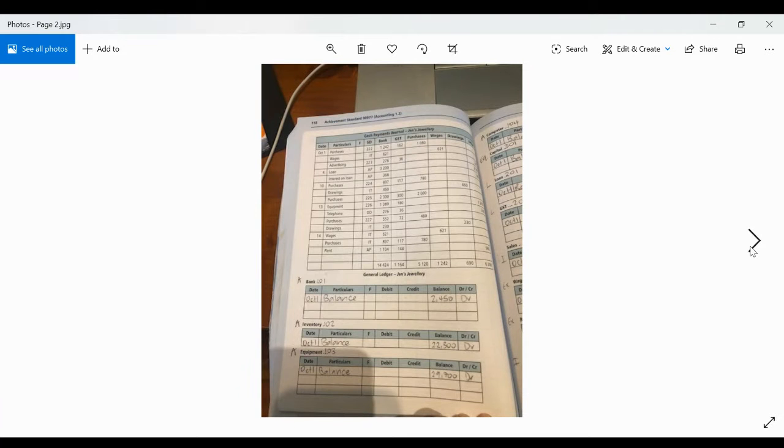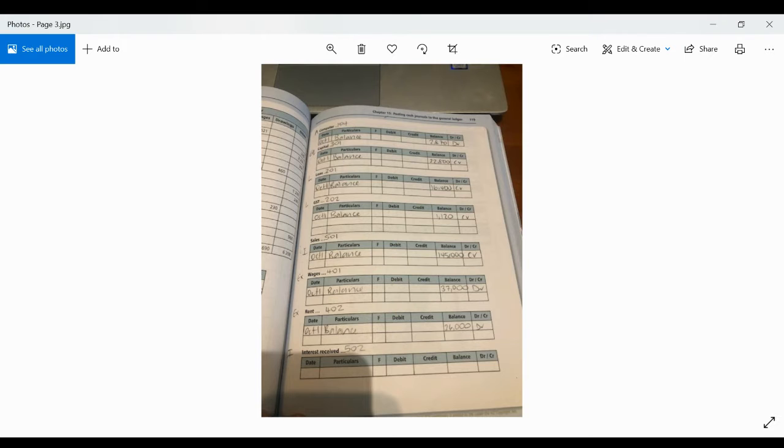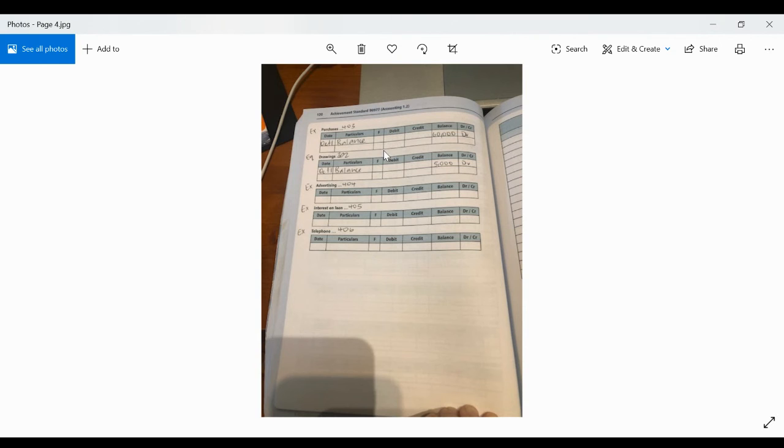No income there. Yes, income there. Sales, 501. Interest received, 502. And that's it.